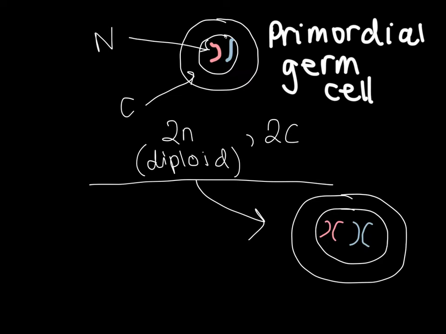It is still diploid because we haven't done anything about the genetic content of this cell other than there are more copies now. So now this is 4C. And you can look, as I've drawn these arms, these chromatids, they're kind of C-shaped, if that helps you.